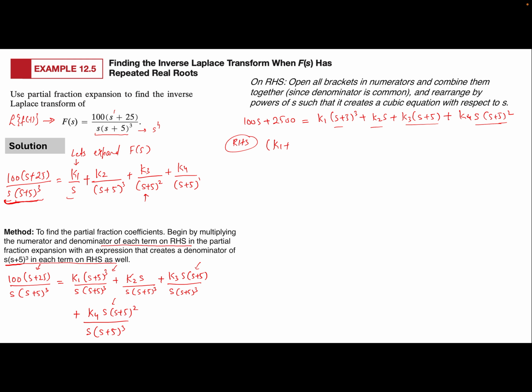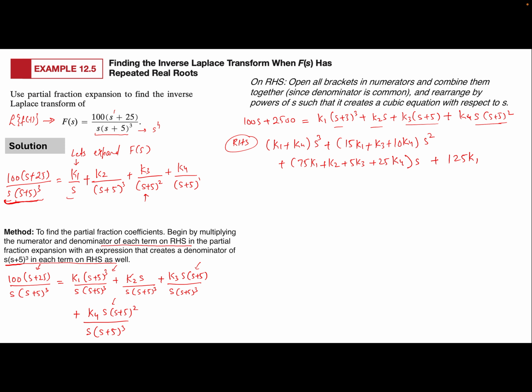Okay, so k1 plus k4 comes out to be the coefficient of s cube, plus 15 k1 plus k3 plus 10 k4 comes out to be the coefficient of s squared, and then plus (75 k1 plus k2 plus 5 k3 plus 25 k4) times s, and finally 125 k1.